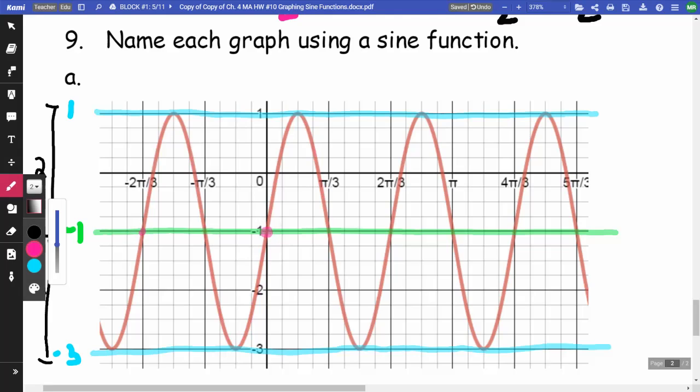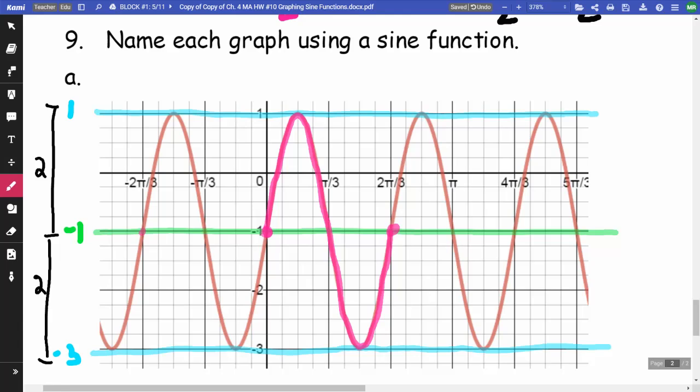I'm going to make this a little darker. So I'm going to start here. And so this is the sine I'm going to be focused on from here to here. Okay, a couple things I know. I know my phase shift is going to be 0 for mine because I'm having it start on the y-axis.